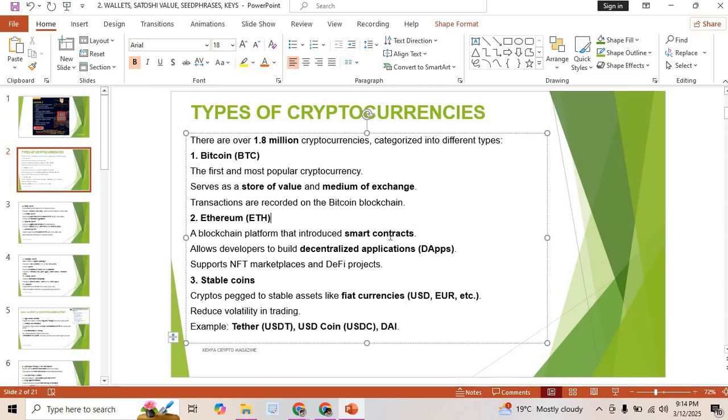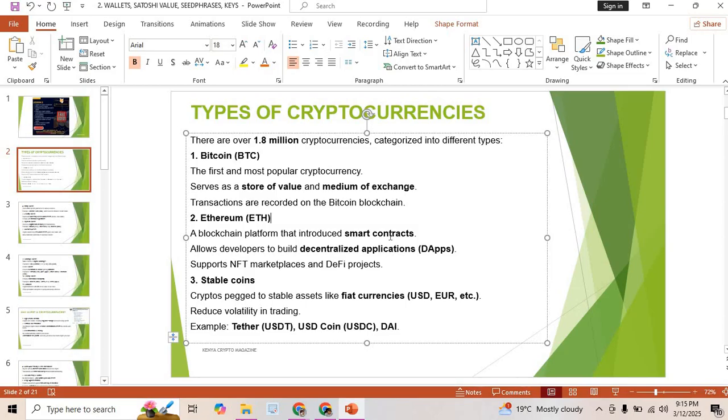But now, the gas fees, or rather the fee that you'll pay to access that technology on the Solana ecosystem, is cheaper than the fee on the Ethereum ecosystem. Is that okay? Thumbs up if you've gotten what I'm saying. So in short, cryptocurrencies is more than just investing in the coins, but rather the technology behind every crypto. So let's go to number 3.